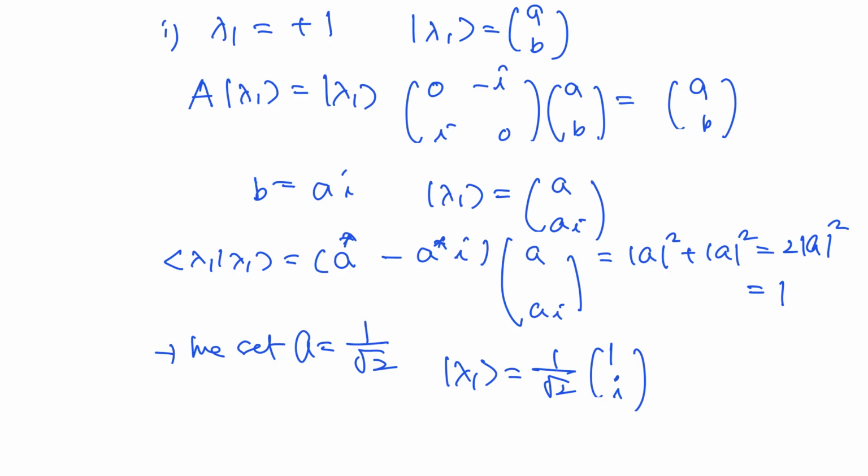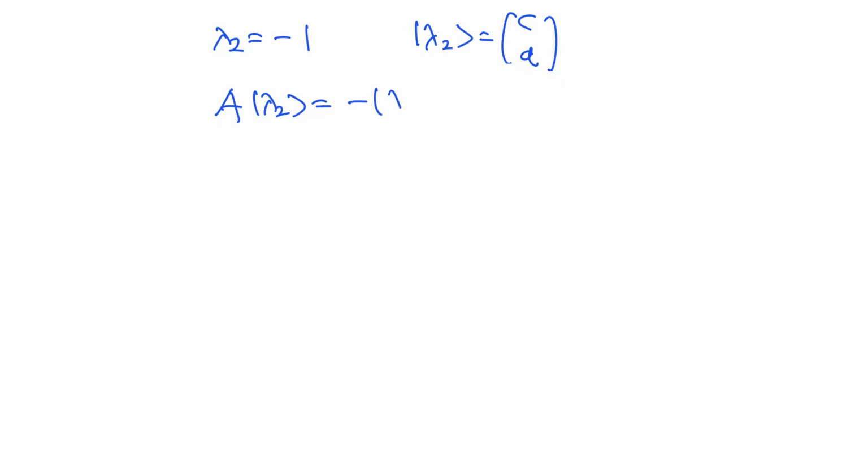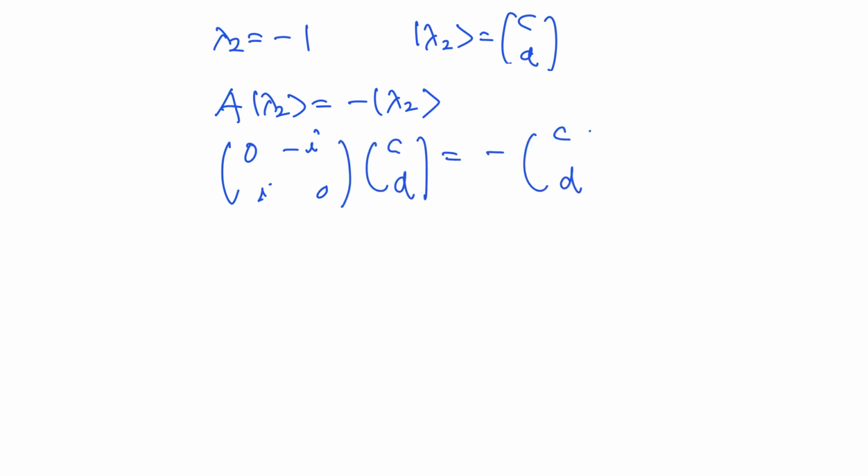Familiar? Somewhere today we covered this, right? We set this factor. What about minus 1? Let's say the eigenvector for lambda 2 is c, d. Then A acting on it gives minus of c, d.